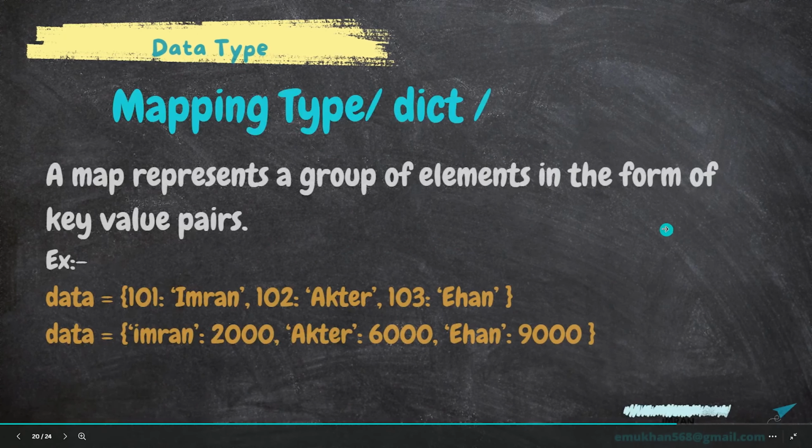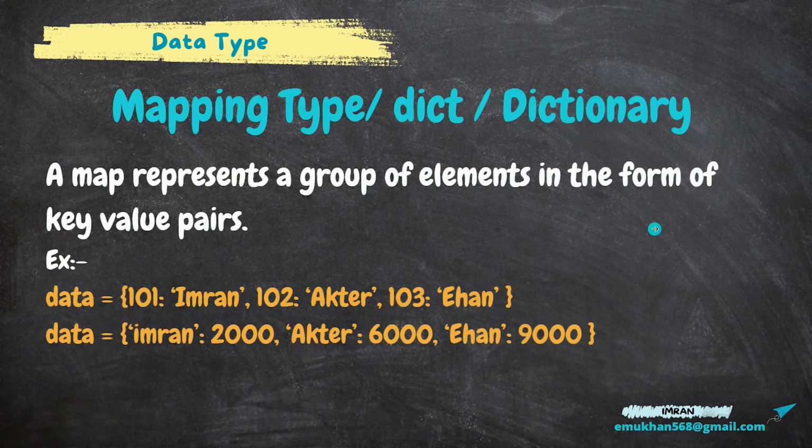Mapping type, or dictionary, or dict. A map represents a group of elements like a list.